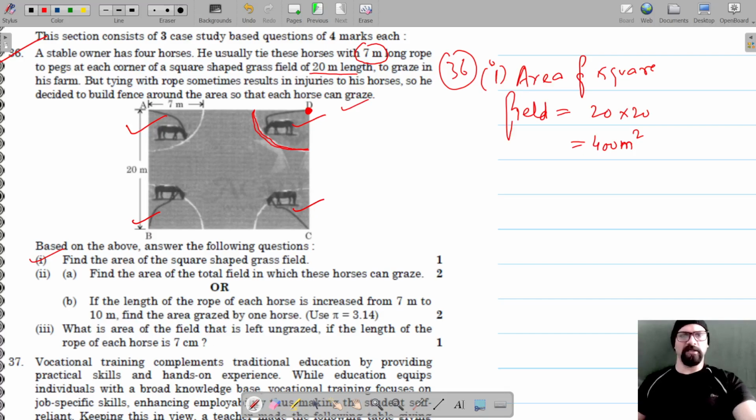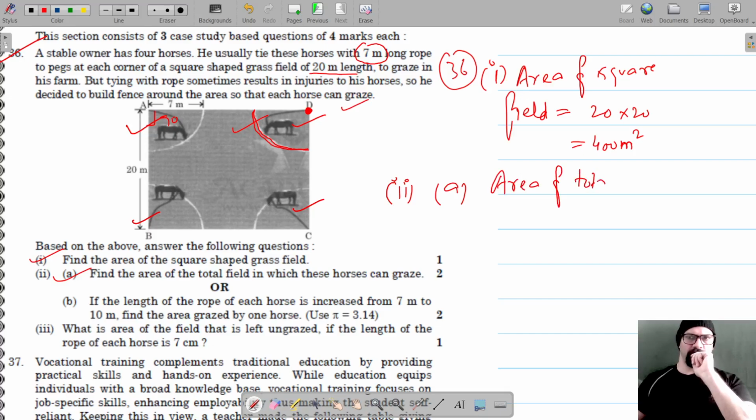Now we have to find the area of the total field in which these horses can graze. The area in which each horse can graze is in the form of sectors, and there are 4 sectors, each with central angle 90 degrees. So this is part A of the question, and we have to find the area of the total field in which these horses graze.